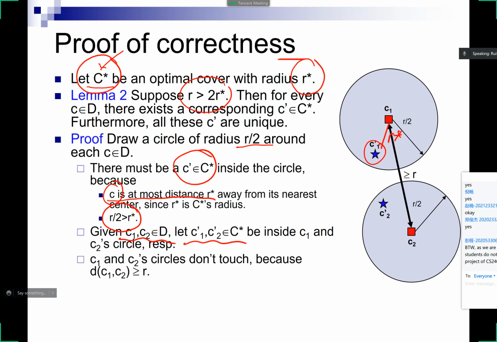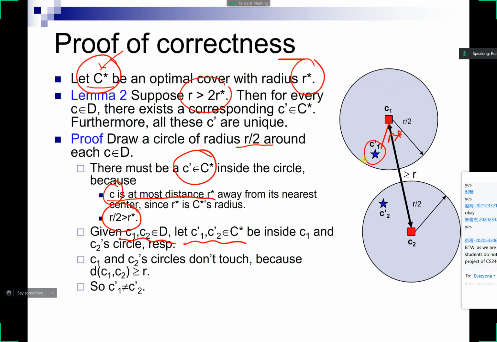Now the thing is that these circles actually do not touch each other, because we have this other lemma which says that all of our centers are at least distance r from each other. That was one of our earlier lemmas. And now we drew these circles of radius r over 2 around all of our centers, and so these circles do not touch each other except possibly at one point.